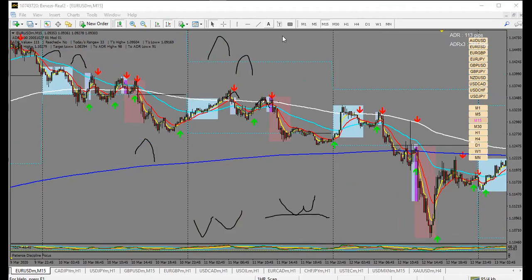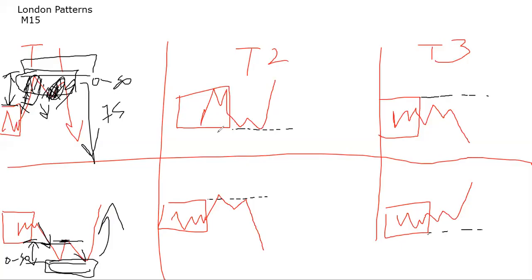Now, you can see after the examples that the reason why type 2 does not exceed below is because on the previous day, they've already trapped a large number of orders right here. So they know that if they stop hunt low, just like the type 1, they are going to release a volume that has been trapped here.